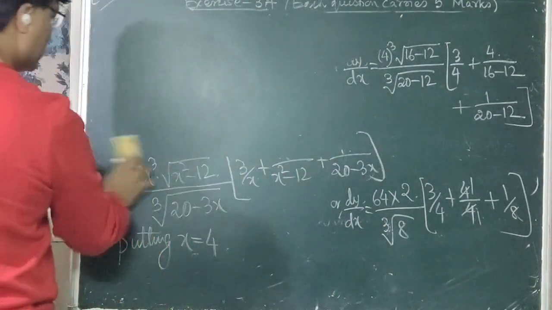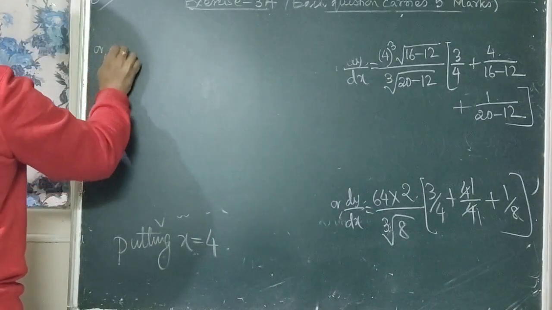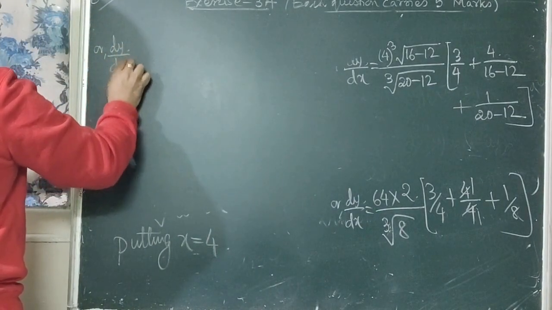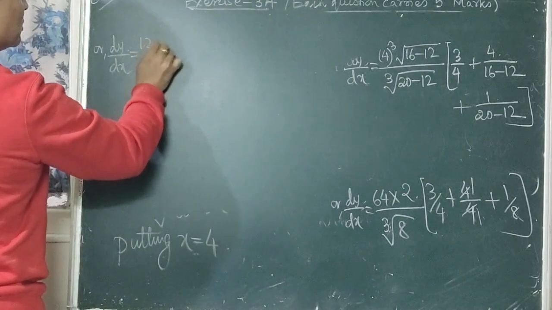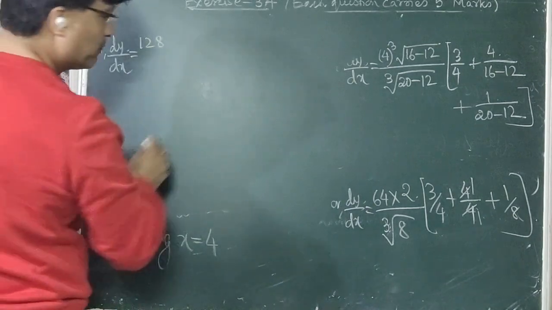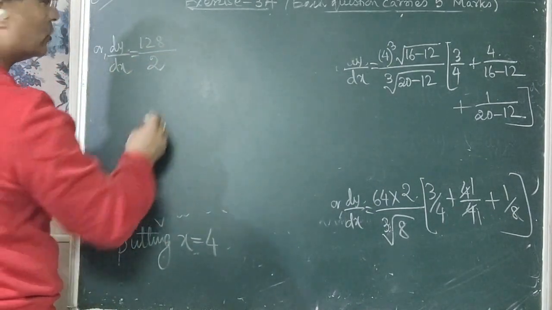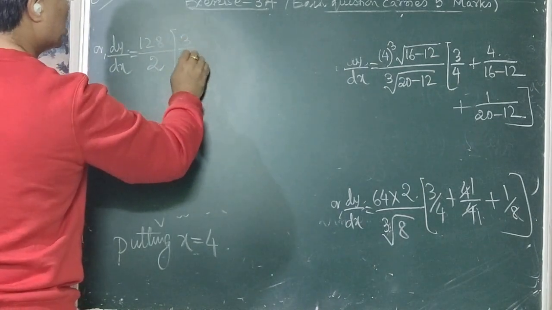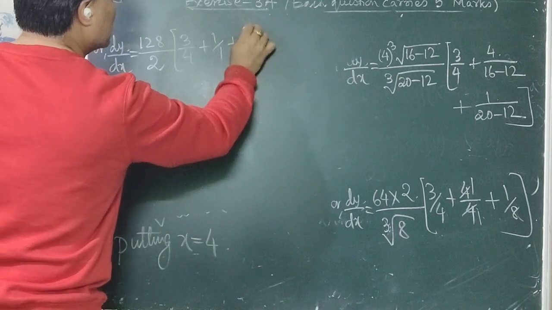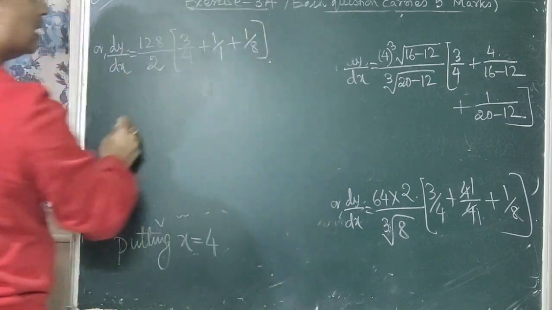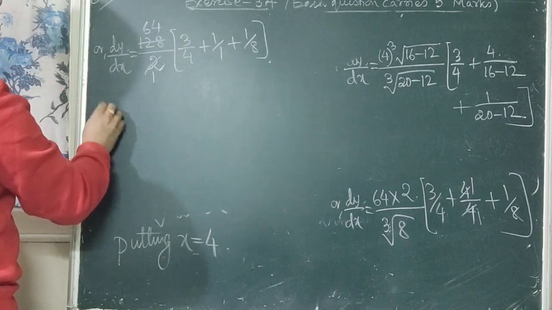Let us find out the value now. dy by dx is equal to 64 into 2, that is 128, divided by cube root of 8, which you know is 2. And within third bracket, this is 3 by 4 plus 1 by 1 plus 1 by 8.